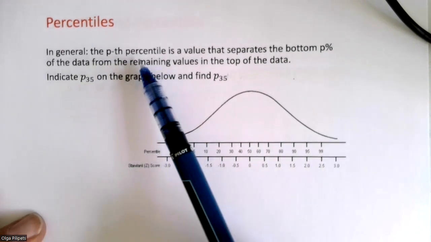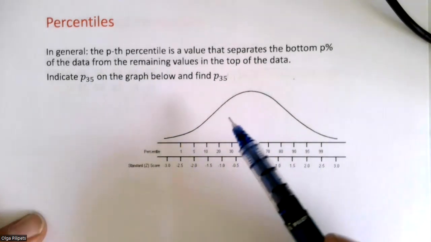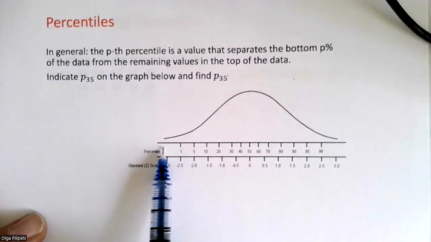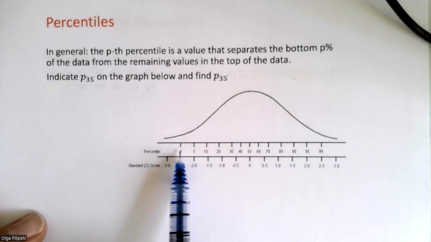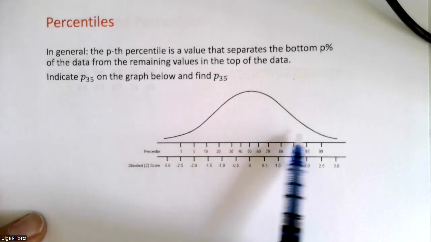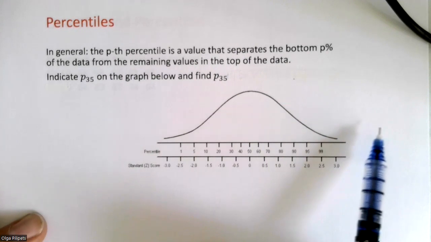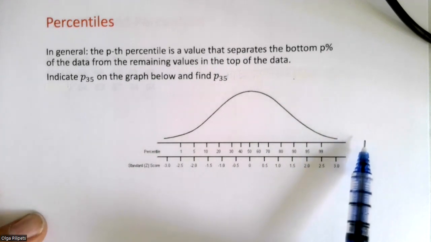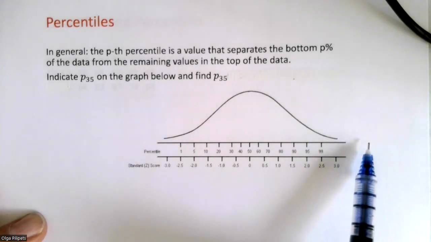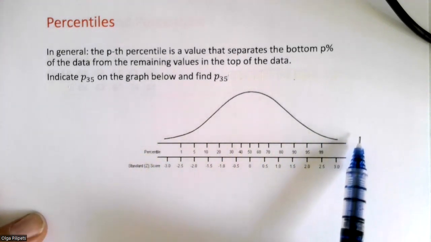Well, according to this definition, P35 is the value that separates the 35% of the values on the bottom to the left of it. So here's our scale that gives us a percentile, right? Notice that it's always from left to right. We have 0% on the left and 100% on the right. So left is the bottom, right is the top.